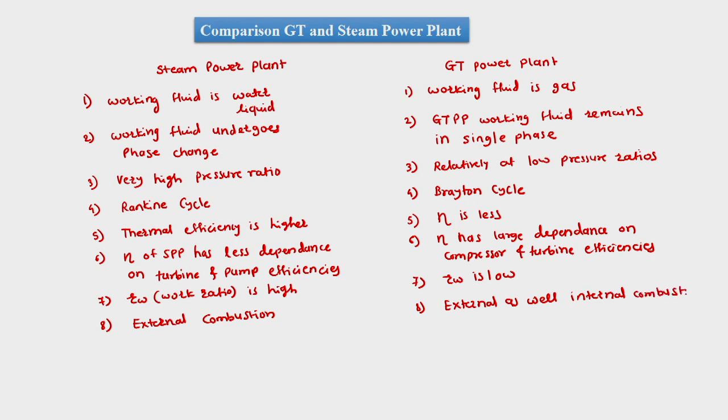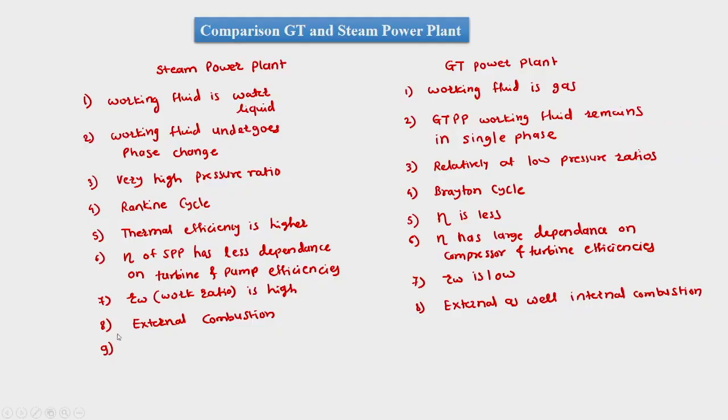If it is open cycle power plant, then it will be internal combustion. Open cycle with extra attachment can be external combustion. In general, classical open cycle will be the internal combustion. Further, the arrangement with closed cycle is external combustion. So these are the major differences between steam and gas turbine power cycles.